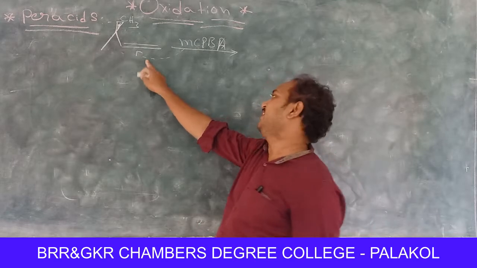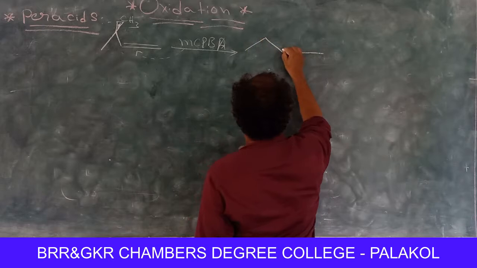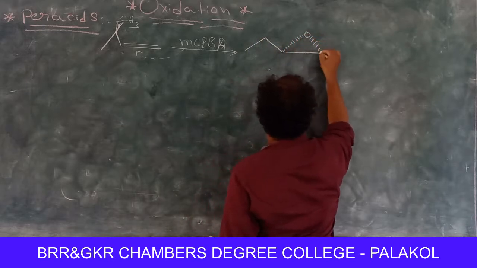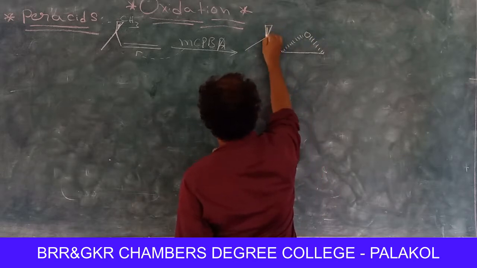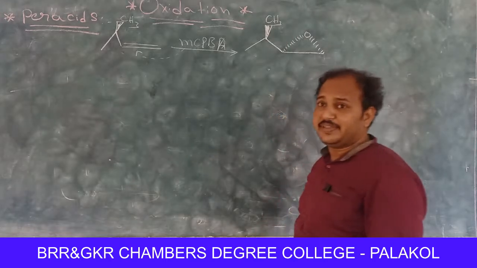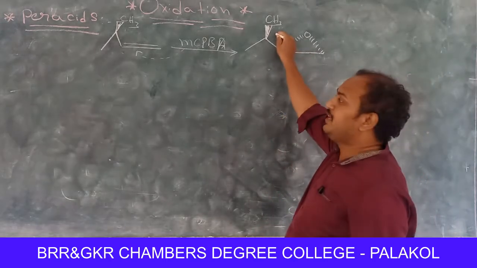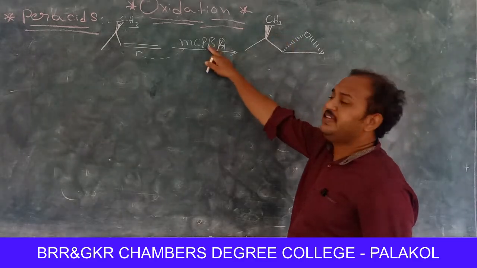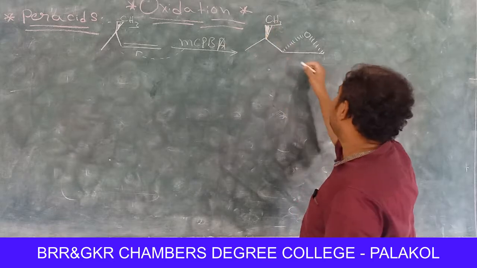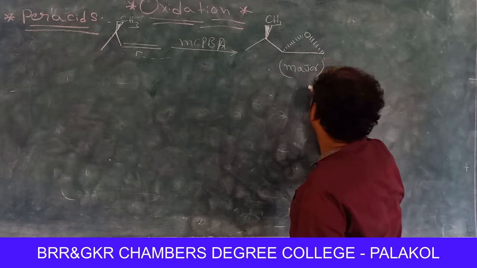Got my point? Right. So the major product is from below the plane only. Why? Because above the plane the methyl substituent is present, so there is some steric crowding between the reagent mCPBA and the methyl group. That's why this product is major.